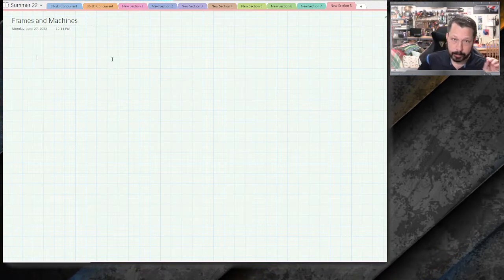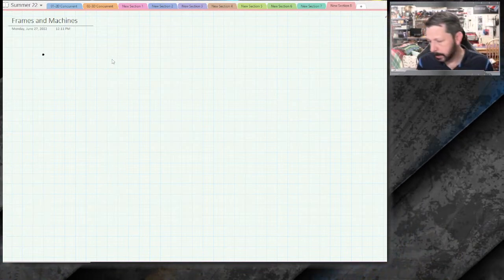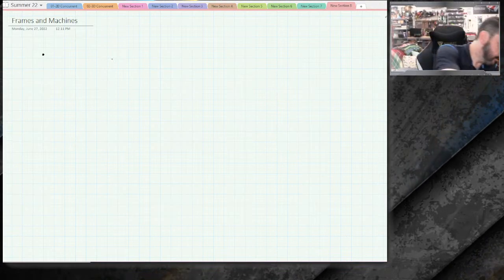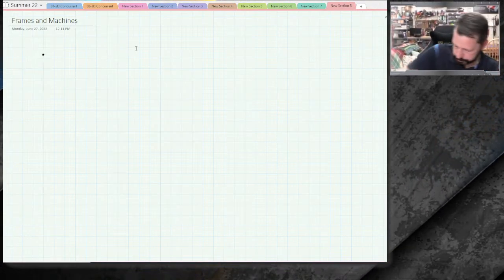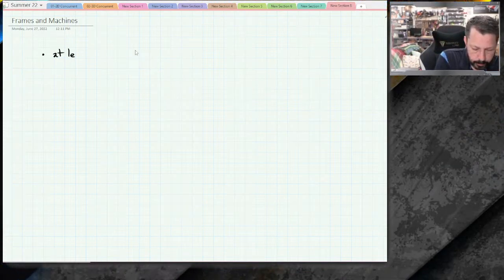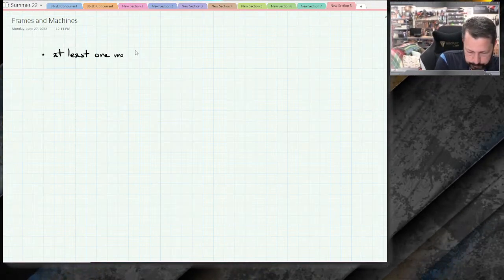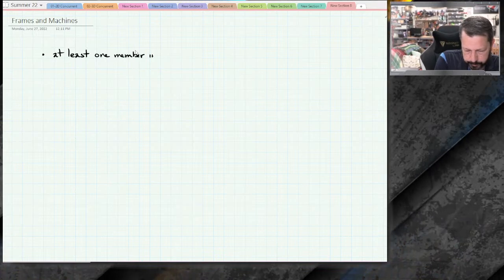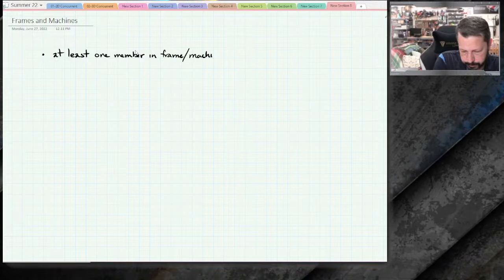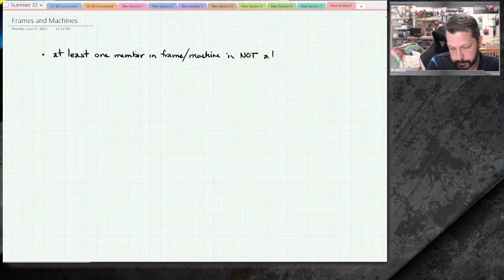So what that will mean is that the difference in these frames and machines versus a truss is that at least one member in a frame or a machine is not a two-force member.